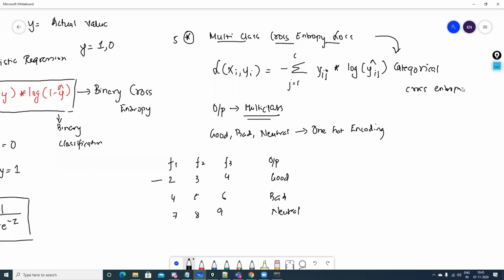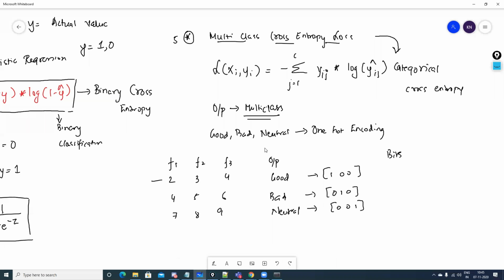Whenever we use this kind of cross entropy, internally, good is basically represented by 1, 0, 0. Bad is represented by 0, 1, 0. Neutral is represented by 0, 0, 1. These are represented by bits. Each and every terminology is bits over here.